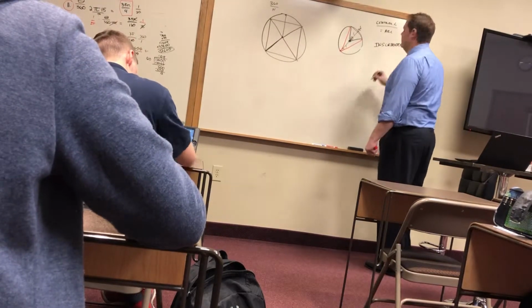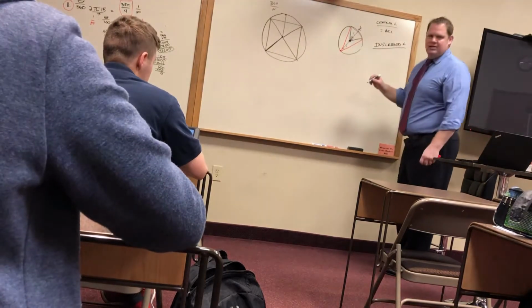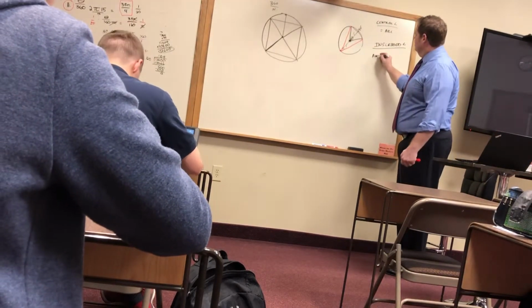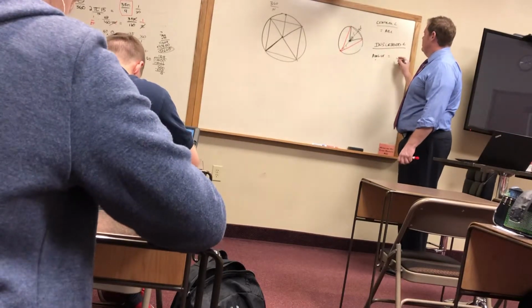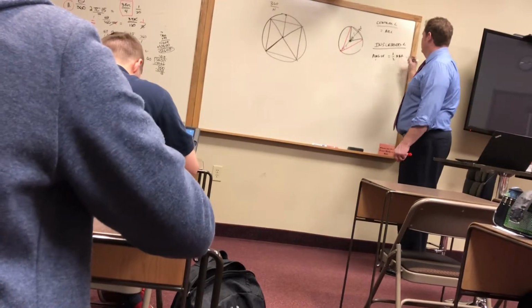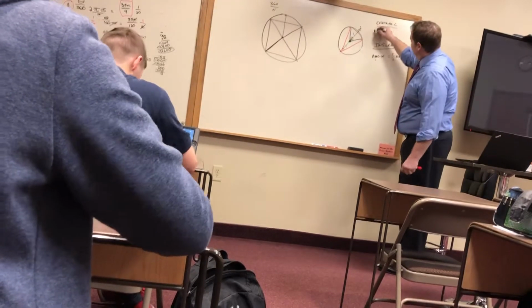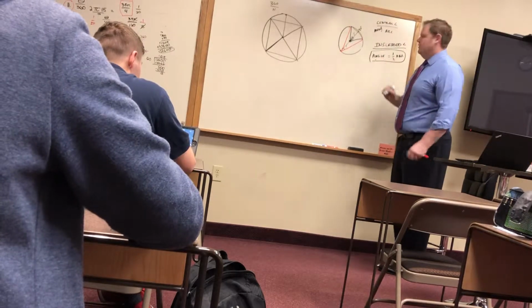Has to start on a circle, right? And the equation is the angle is equal to 1/2 the arc. So the central angle is equal to the arc, and for the inscribed angle, the angle is 1/2.